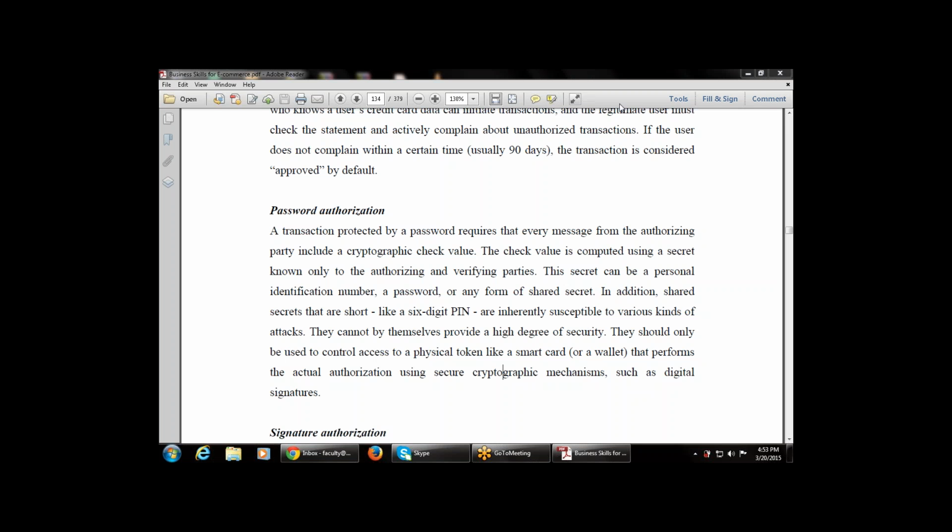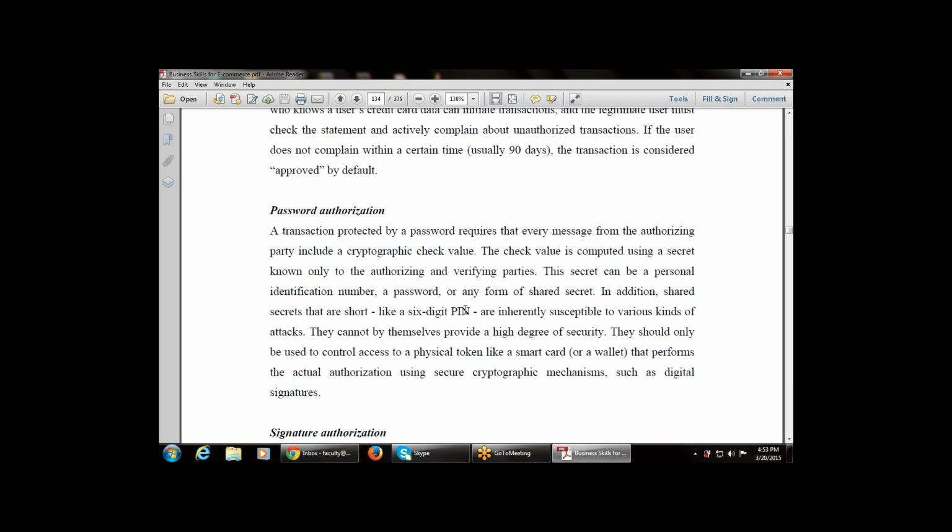A transaction protected by a password requires that every message from the authorizing party includes a cryptographic check value. The check value is computed using a secret key known only to the authorizing and verifying parties.